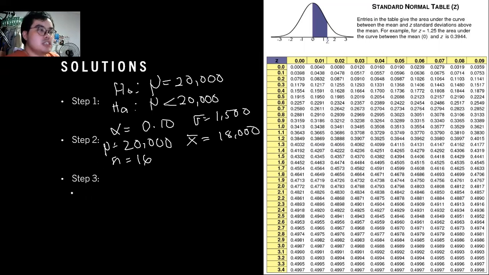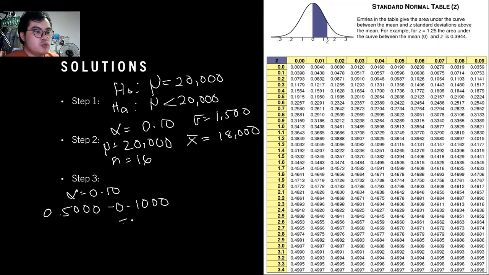Okay, so the step 3 is we're going to identify the area. So same thing, we're going to subtract this with 0.5 with 0.1. So it will become 0.4000. So we're going to correspond. Okay, so 0.4. Okay, so we're going to locate.